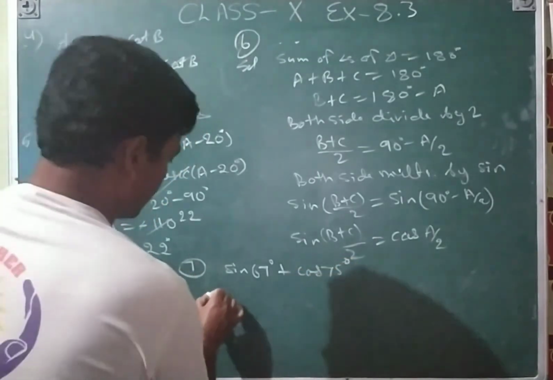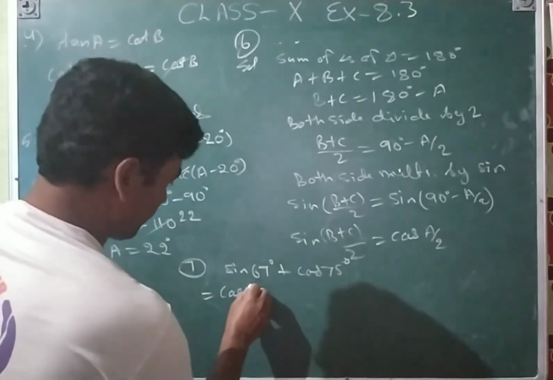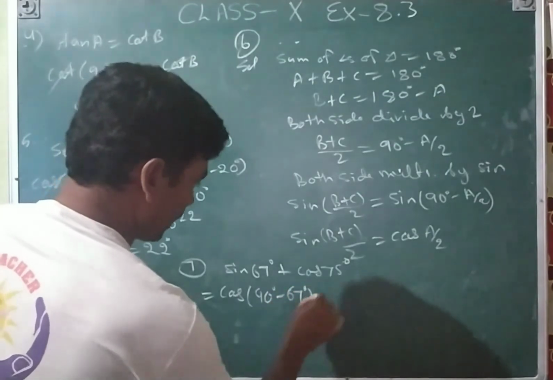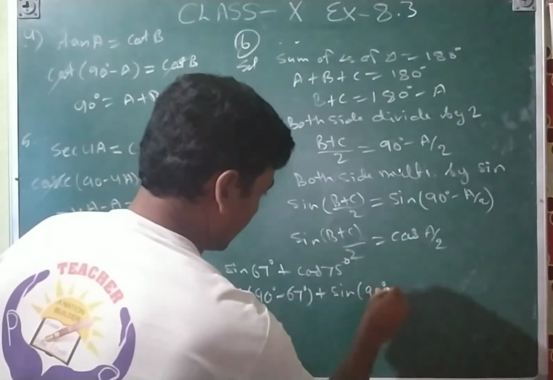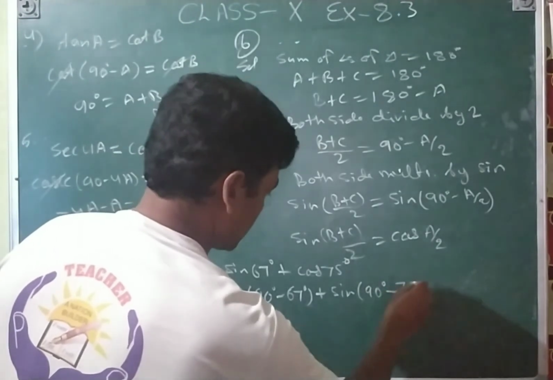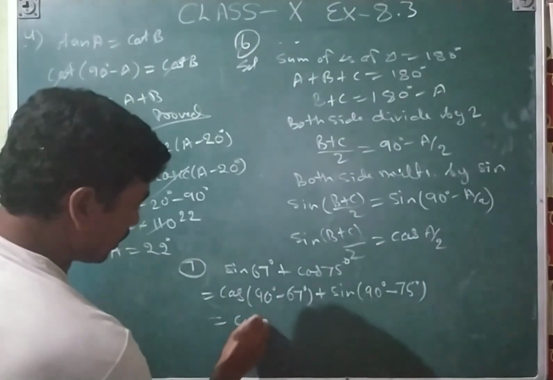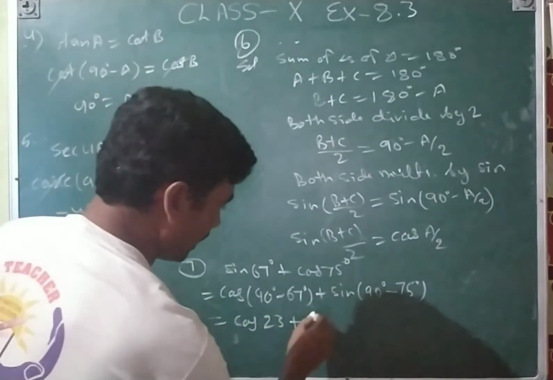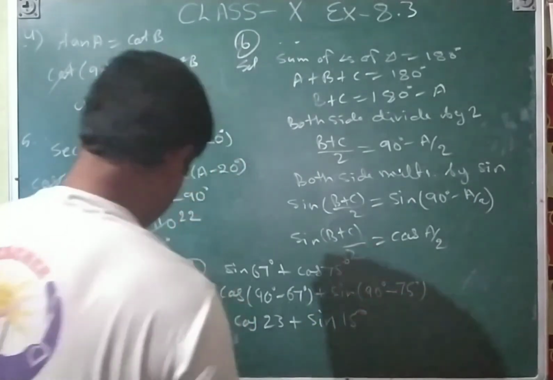Sin means we know cos (90 minus 67), and plus this one also sin (90 minus 75). That will be cos 23 plus sin 15 degree. Okay.